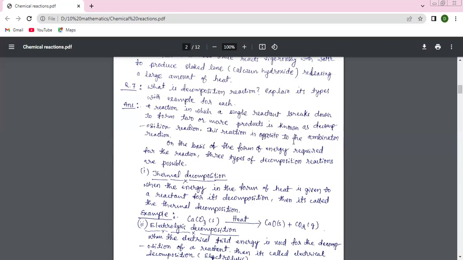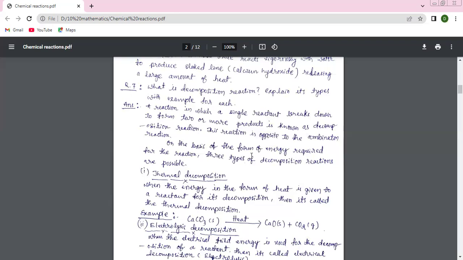This reaction is opposite to the combination reaction because in a combination reaction, two reactants combine to form one product, but here one reactant breaks down to form two or more products. So these two reactions are opposite to each other in nature.